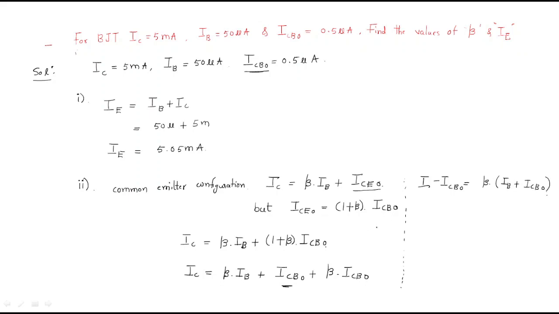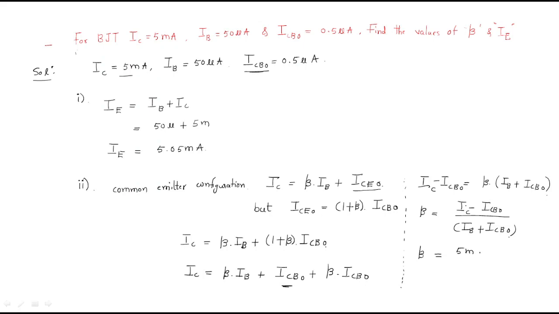From this we can find out the beta value equal to collector current minus common base leakage current by base current plus common base leakage current. So what is this current? Actually IC. This is also IC. So from this we can write the beta value equal, what is collector current here? Collector current equal 5 milliamps.